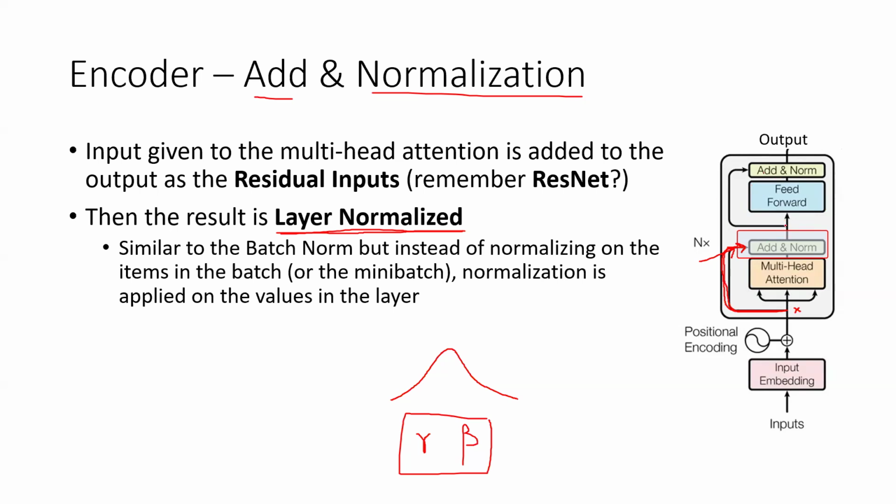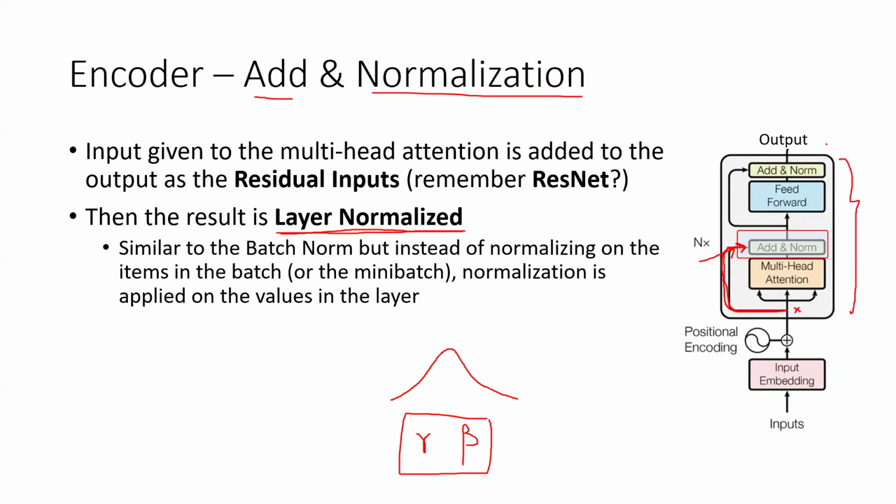It is also subject to this skip connection, which is add, and then the layer normalization process as well, right? Then it would output the vector or vectors from this encoder unit.